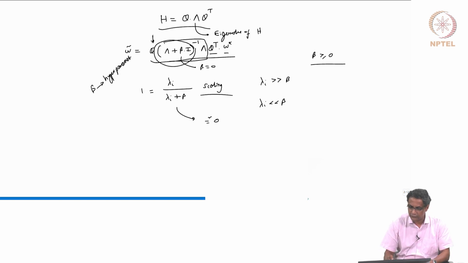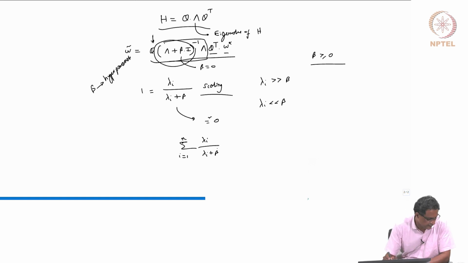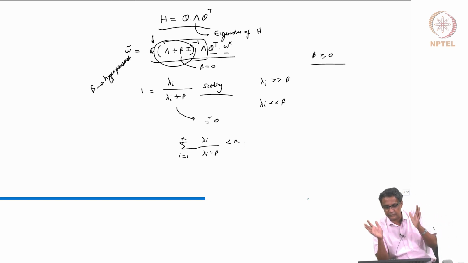And what you can also show is that, effectively, if I do the summation over all the weights, let's say 1 to n, of lambda i over lambda i plus beta, then this number is much less than the actual n. So in effect, it's like saying that instead of dealing with a value like n, you can now deal with something much less than that. But again, what beta will work best depends upon the problem.